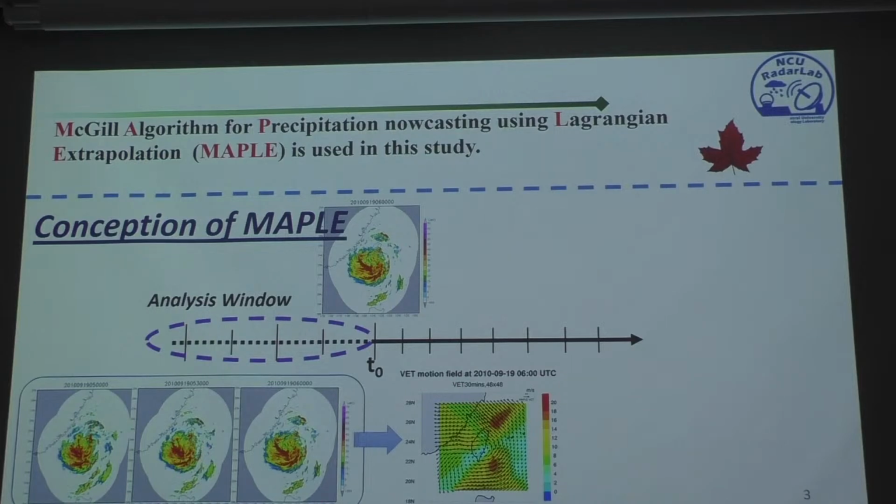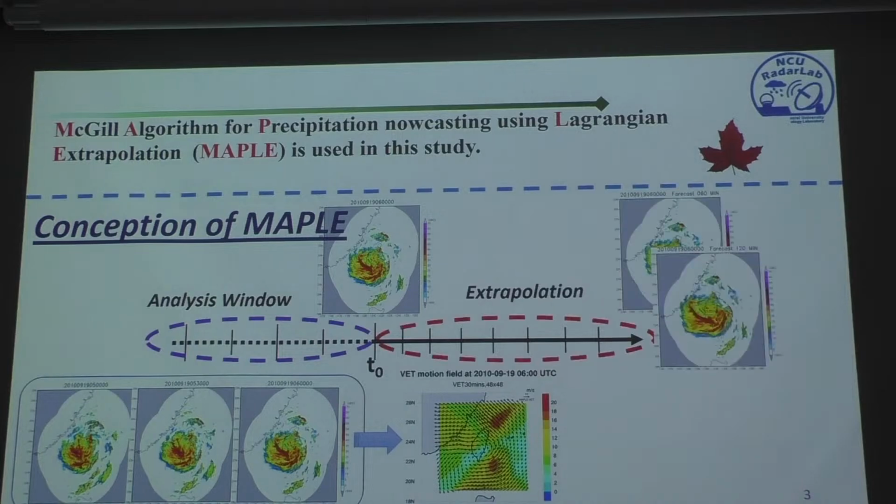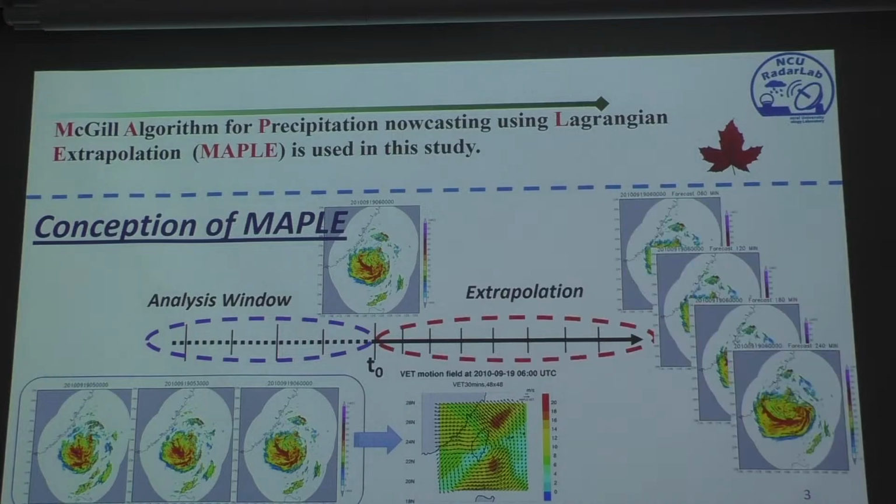It's more sophisticated because it's not only one motion vector telling you how the whole precipitation moves; you have more detail in different directions, and within one precipitation area you may have different directions of movement. Once you decide what the motion field looks like, you can do the extrapolation, say for 1 hour, 2 hours, or even more than 3 hours.